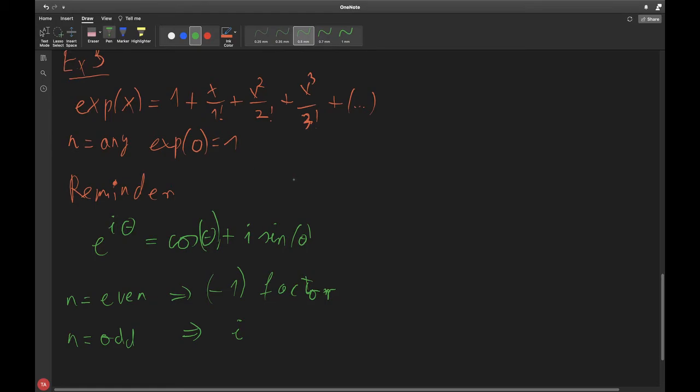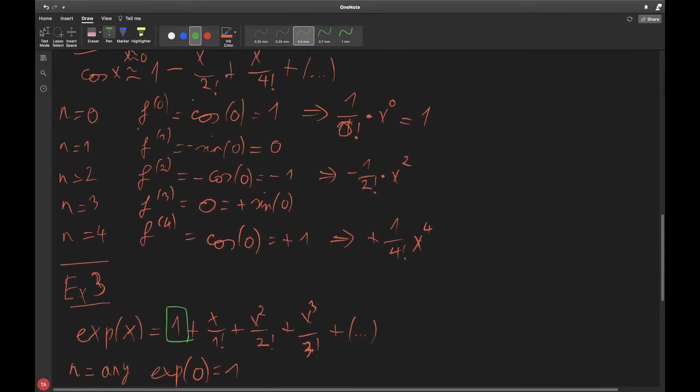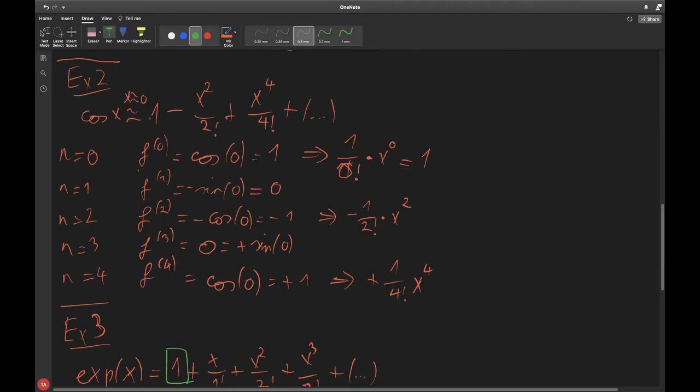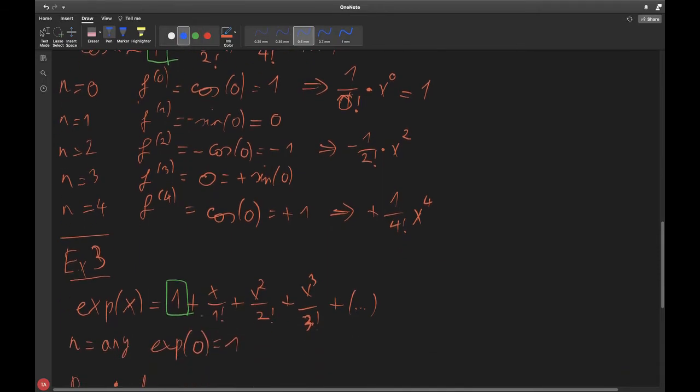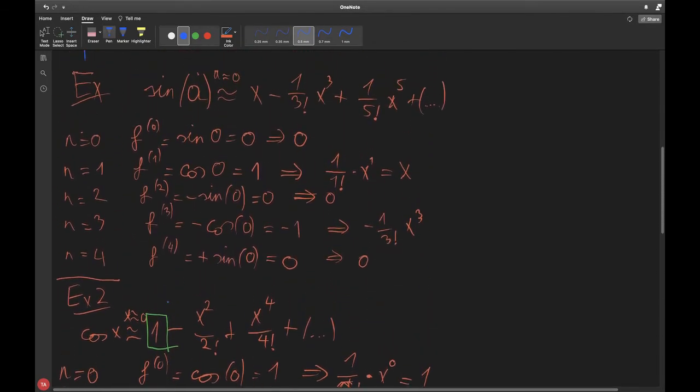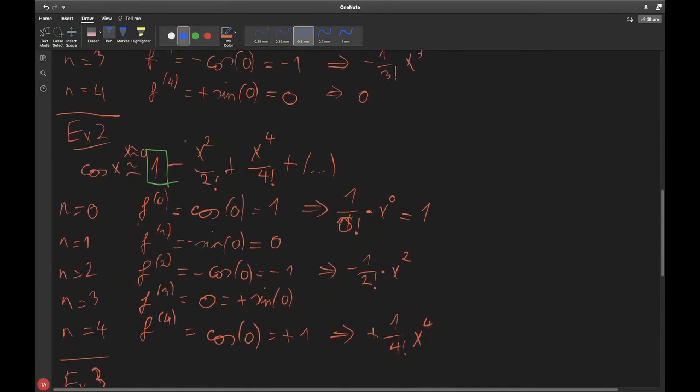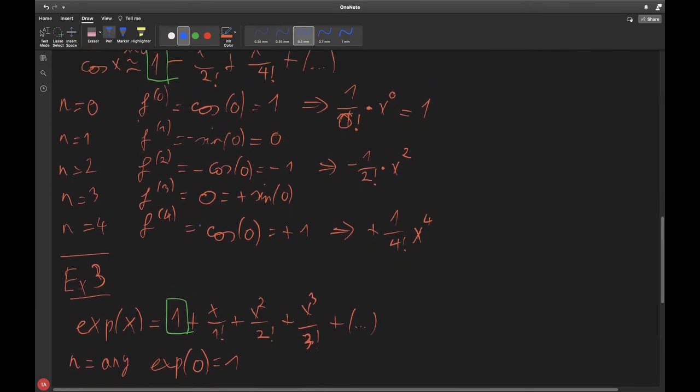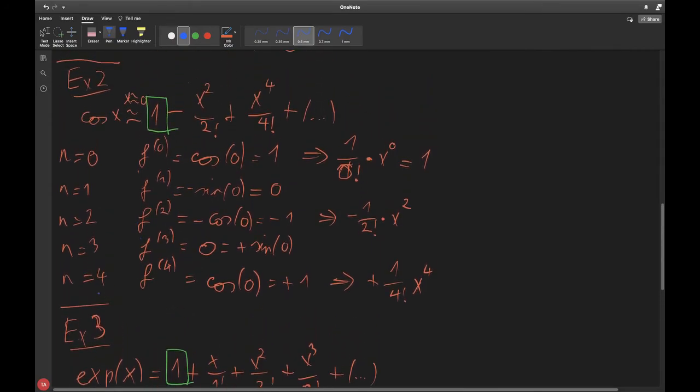So with that, we see again that the cosine term, the one in the exponential, is coming from the cosine term from here, and then we have an x term which comes from the first term in the sine, and then we have the x squared over 2 from here.